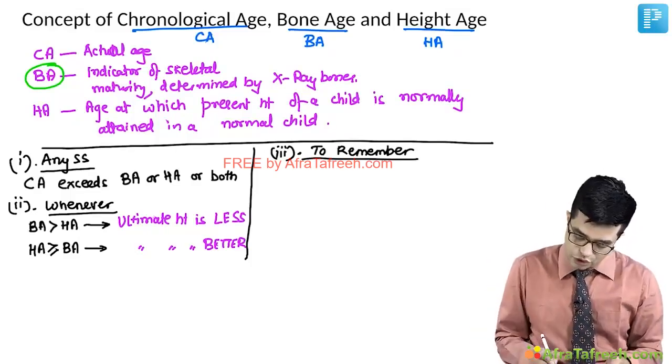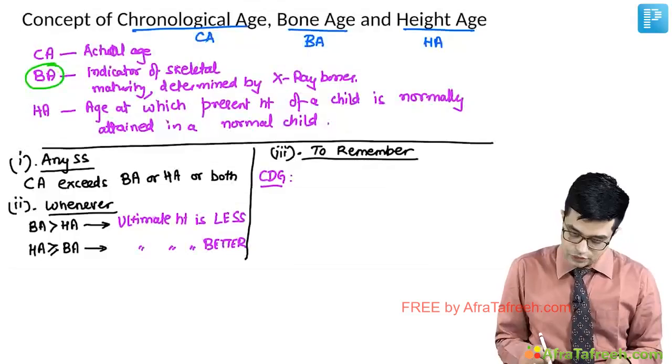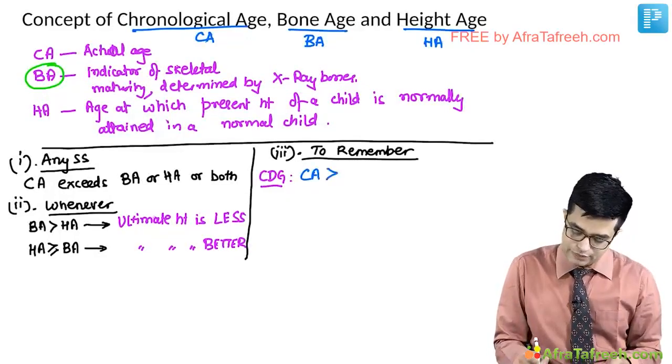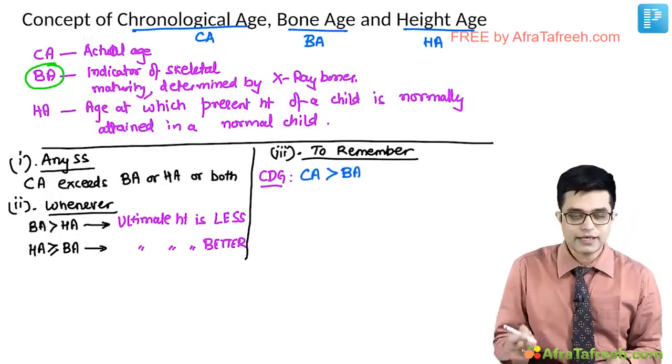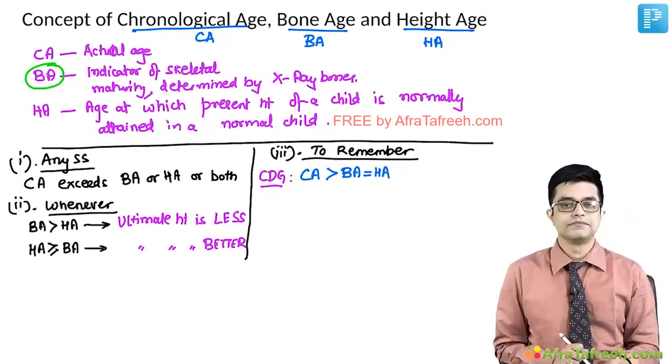In case of constitutional delay in growth, the chronological age exceeds the bone age as well as height age, right? But bone age and height age are parallel.